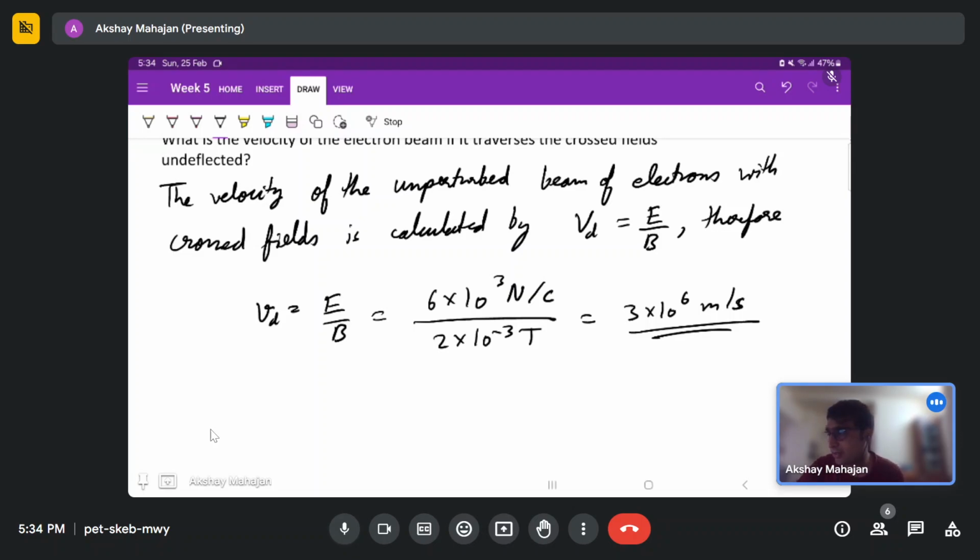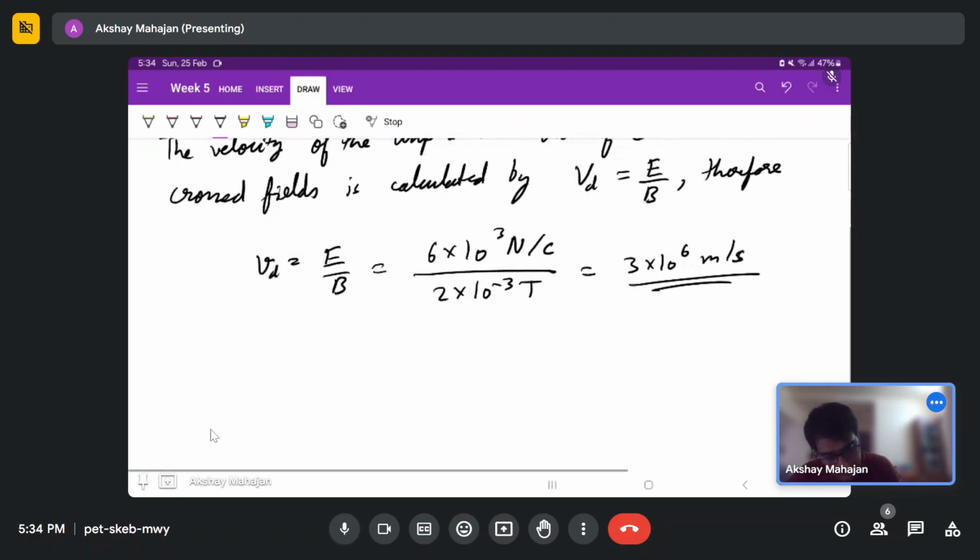Alright, and how does this formula come in? Just like a formula proof.